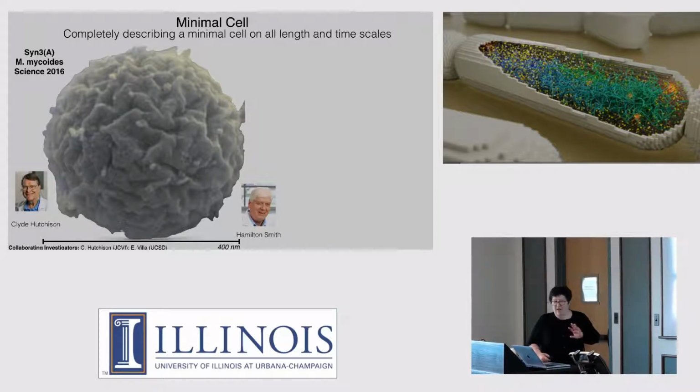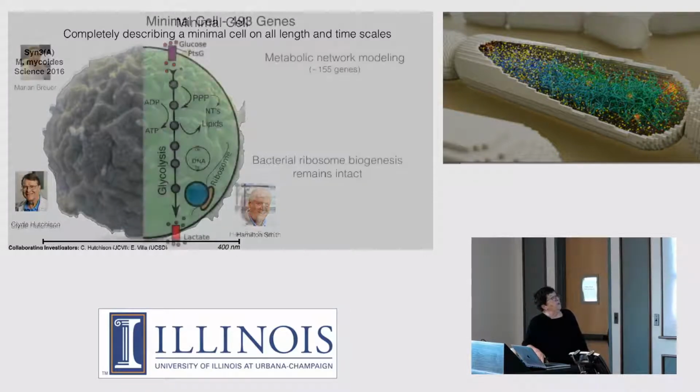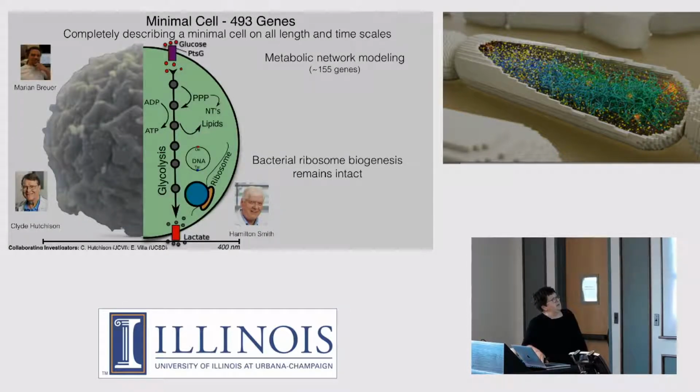So we have great Skype sessions every 2 weeks with these guys, with very thoughtful planning and validating not only their experiments but also our modeling. So that is the postdoc in my group who has built the metabolic model. It's made up of 155 genes out of those 493.